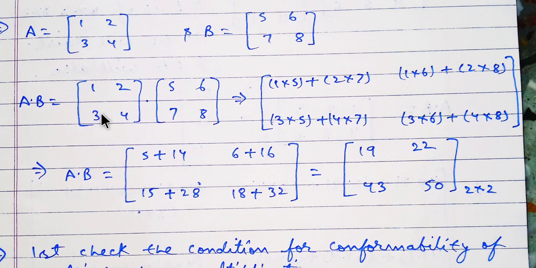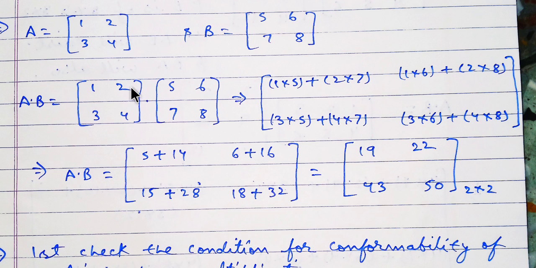Here the first multiplication has been done. Then what after this? We have multiplied the elements of the first row with the corresponding elements of the first column. Now we will multiply the elements of the first row with the corresponding elements of the second column.